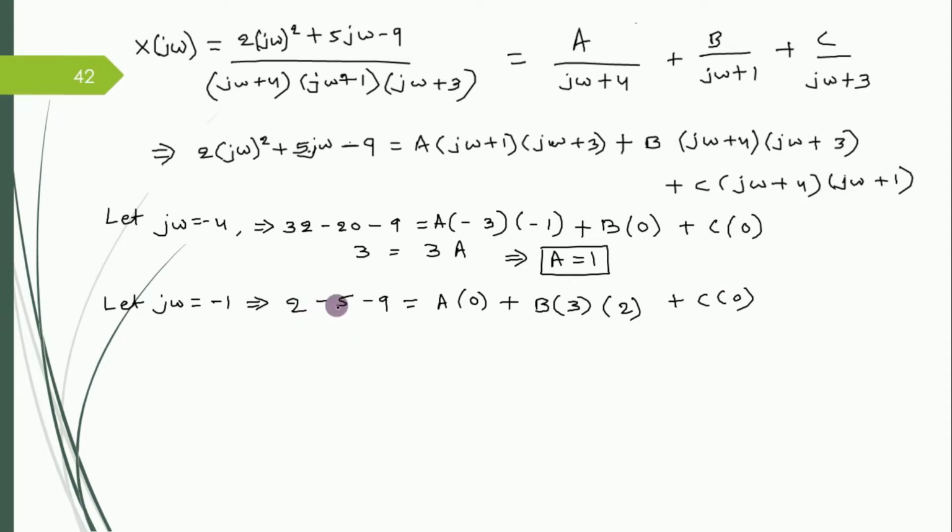So 2 minus 14 is minus 12, equal to B into 6. This gives you B equal to minus 12 by 6, which is minus 2.